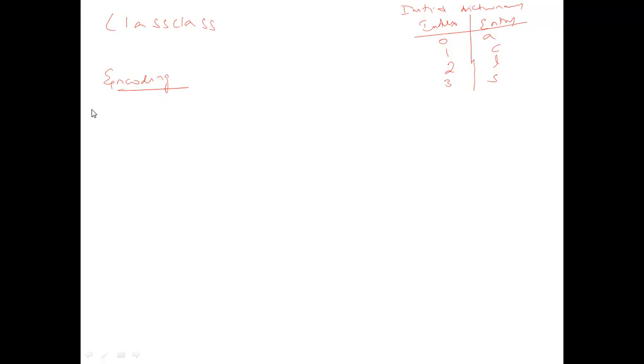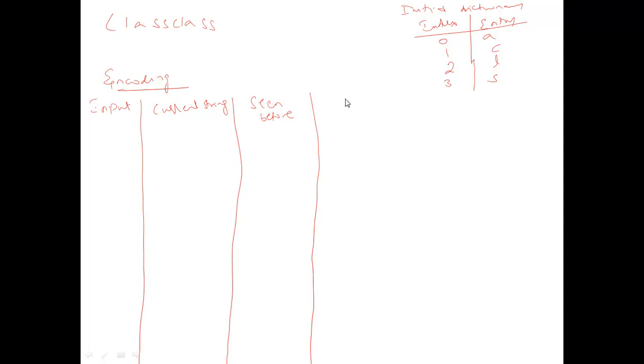For the encoding, the first column is input, the second column is current string, the third column is whether we have seen it before or not, the fourth column is encoded output, and the fifth column is new dictionary entry. In a similar procedure I will explain this example.